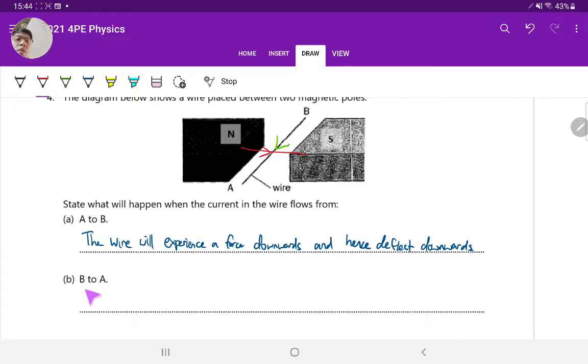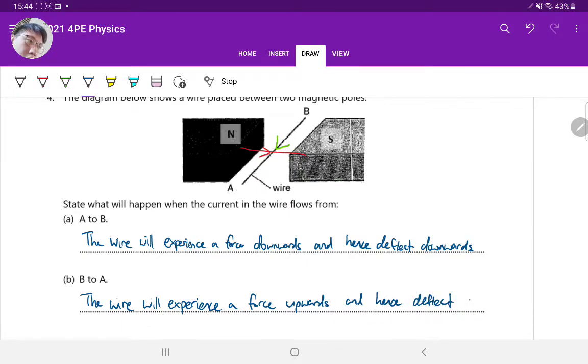Okay, so now the wire will experience a force upwards and hence deflect upwards.